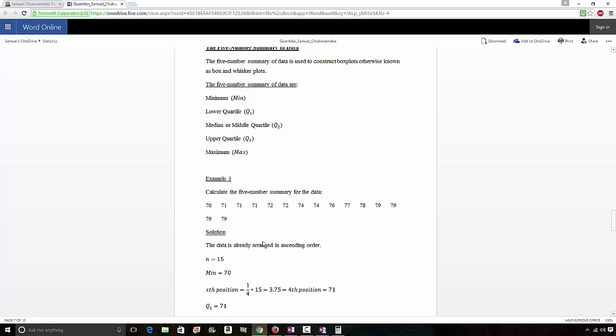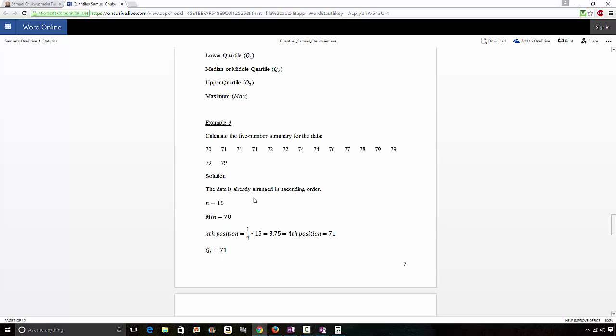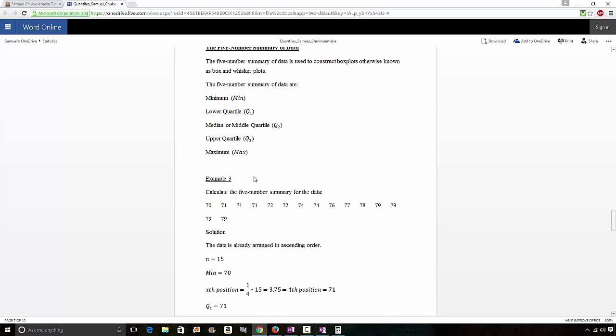And the nice thing about this video is I will show you how to use Statcrunch to get this. So I've already done this here. You're asked to find, of course, your minimum, which is your smallest number. This data set has already been arranged for you in ascending order.